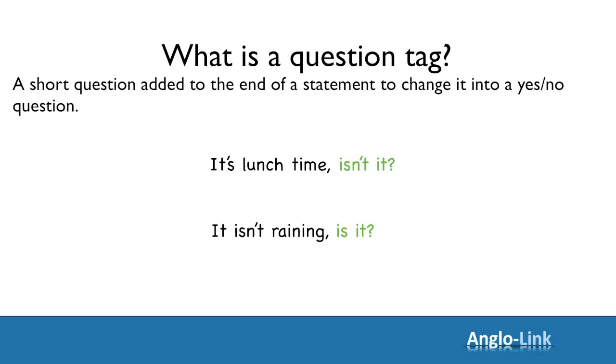It's possible to use the full form, is it not, but you will sound too formal, so keep it to the contraction. Now, like ordinary complete questions, question tags are formed with the right auxiliary. So it's important to review the auxiliaries for each type of statement. Let's do that now.